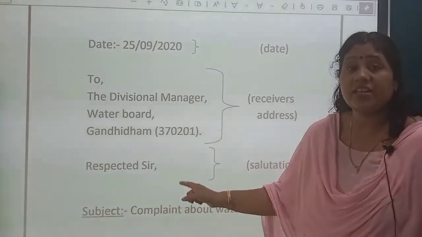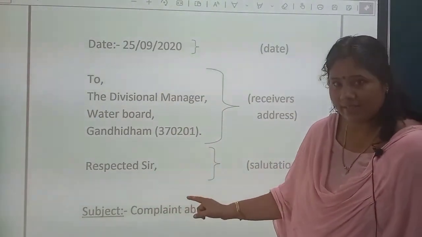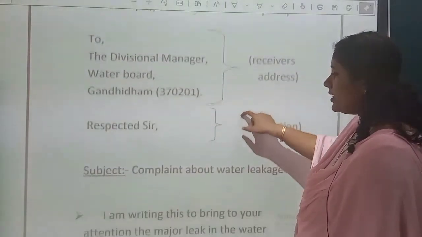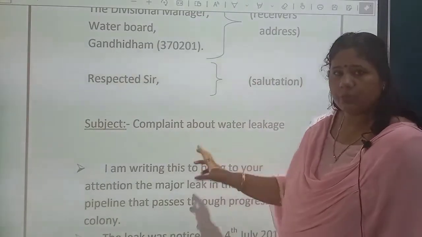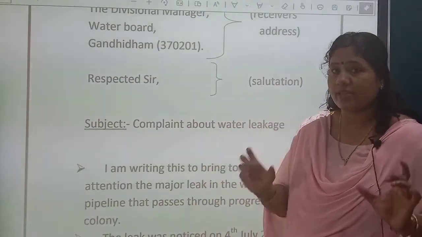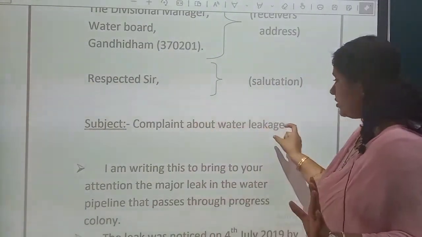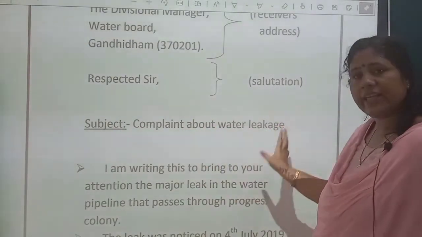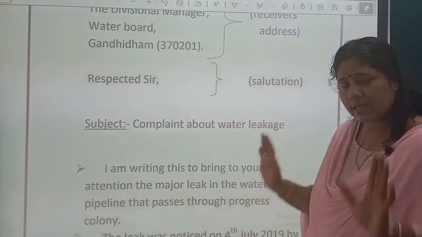Respected sir, salutation or greetings, and a comma. Now comes the subject. I told you, you should be very precise, very short, in one sentence. Complaint about water leakage. That's it. That is the subject for what you are writing this letter.